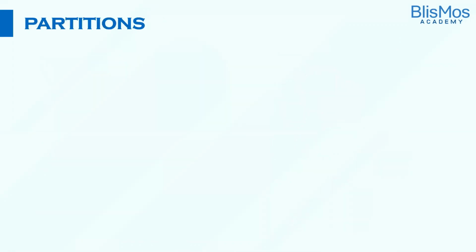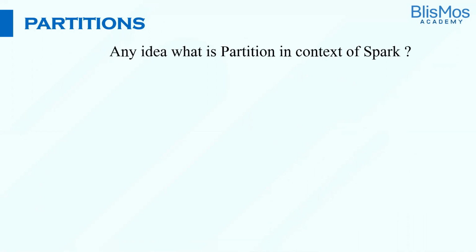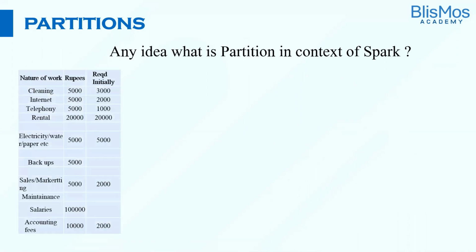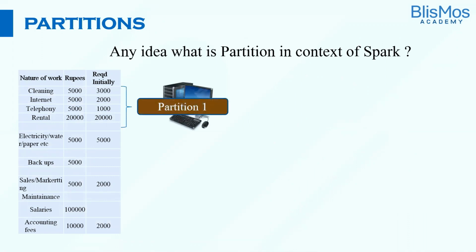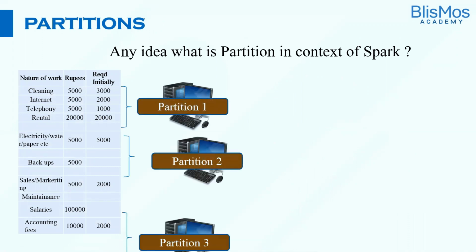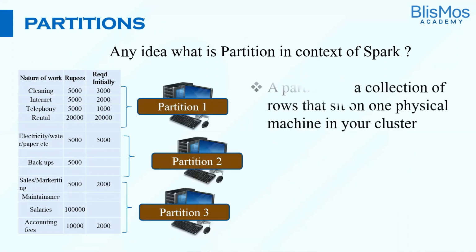Now, having understood data frames at a high level, what are partitions? What is a partition in the context of Spark? Any idea? We already understood what a data frame is. So now partitions come into the picture, some set of rows in the data. We already know this is a data frame.